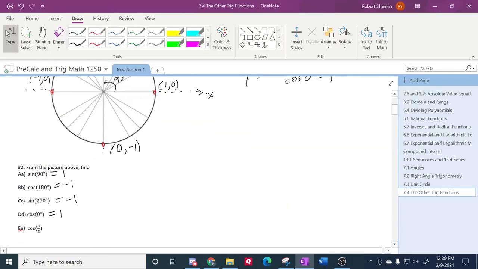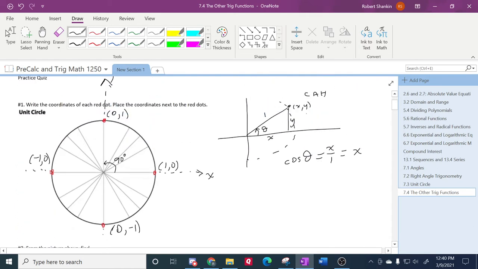Alright, do this one as well. Cosine of pi over 2. Alright, and pi over 2 is the same as the 90 degree angle. The cosine is the x coordinate of that point, which is 0.